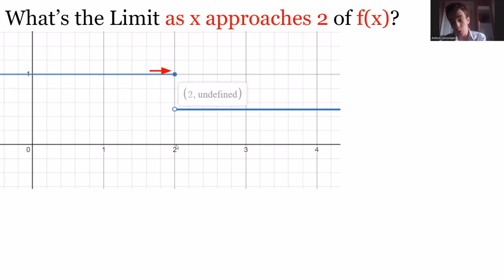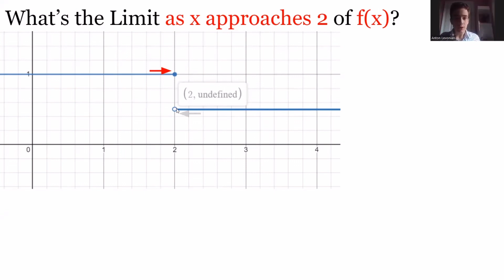At 2.0001, however, this function is very close to whatever this value is. I think it was a half, right? This is a half, by the way. I should have made that clear earlier. The constant value at all these points greater than 2 is a half.